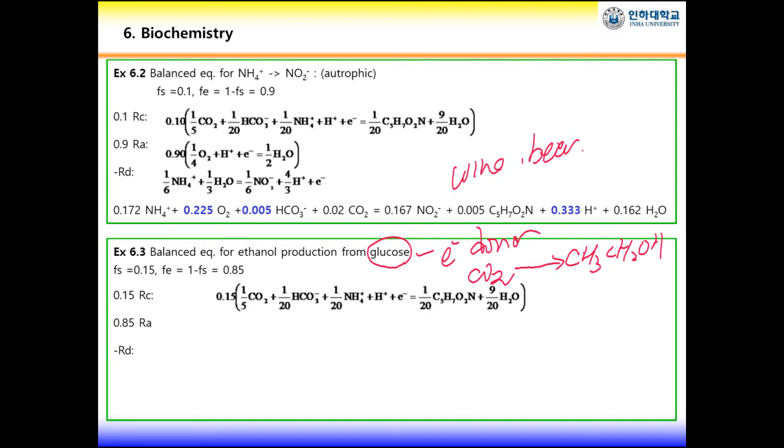So we have to know what is the electron donor, what is the electron acceptor, and the product is ethanol. So we know how to make the overall balanced reaction. You know what the half reaction for the cell is.